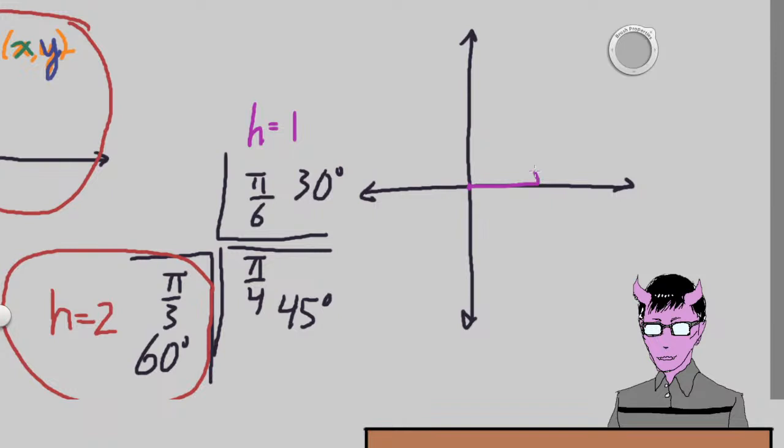Hypotenuse 1, rotate 30, ends up right here. How do I know right here? Because again, from here to there would be 90 degrees. This is less than 90 degrees. So visually, I want it to be about a third of this entire angle. Because again, if this angle here is 90, then a third of that is going to be 30. So this is just an eyeball drawing. 30-ish. 30.